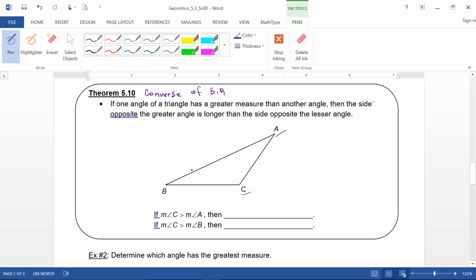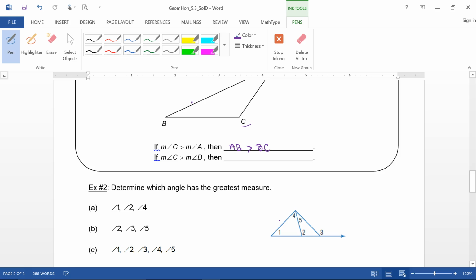What side is opposite to C? AB is greater than BC. Okay? So if you're using angle A, the side opposite is the other two letters, BC. What about for the other one? Measure of angle C is greater than B. That means AB is greater than AC. Okay?